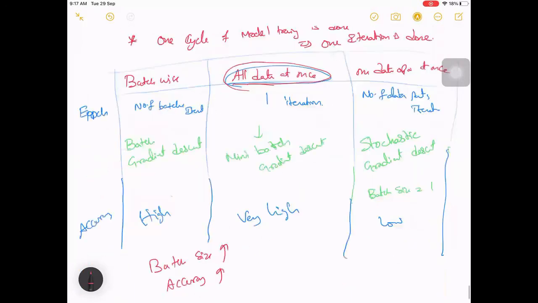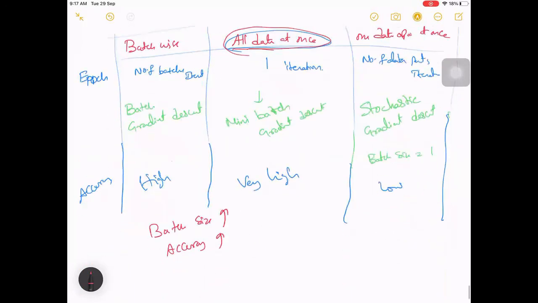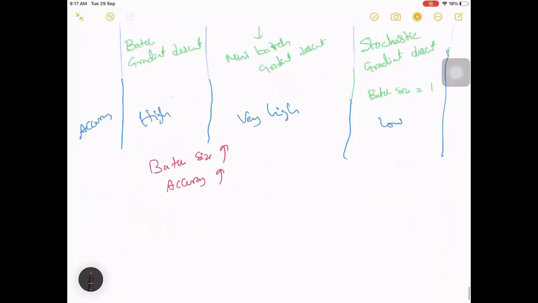Mostly no one uses stochastic gradient descent. So let us come to our generic analogy: what is the general sense behind this?